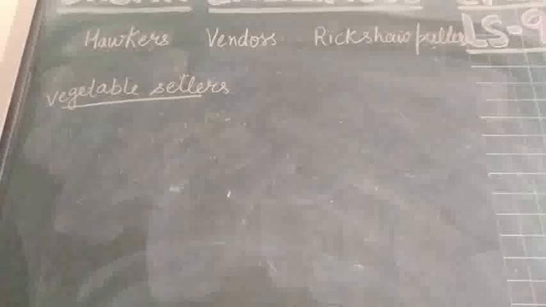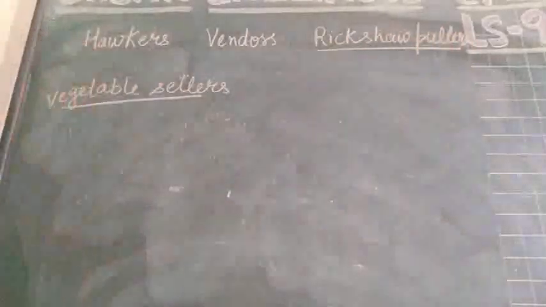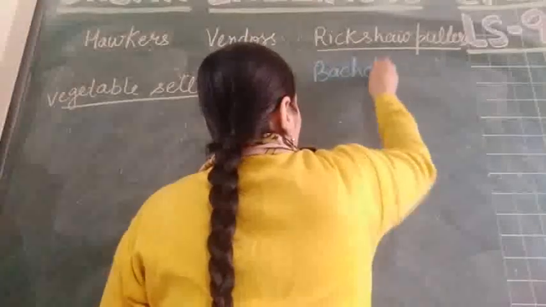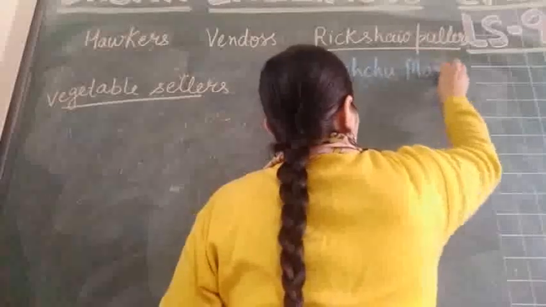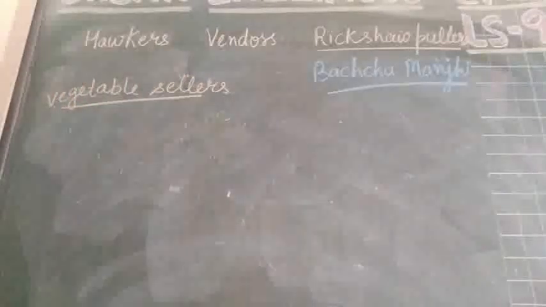So let's talk about the people included in urban livelihood. Firstly, we will talk about Bachchu Manji. Clear? So let's start. Bachchu Manji came from a village in Bihar. Here in Bihar, he did not get work regularly.